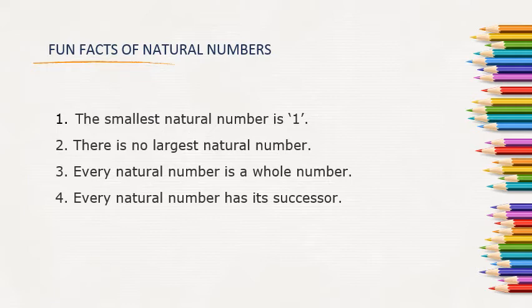It goes until infinity. So every natural number is also a whole number. Every natural number has its successor, but it doesn't mean every number has a predecessor. Okay, good.